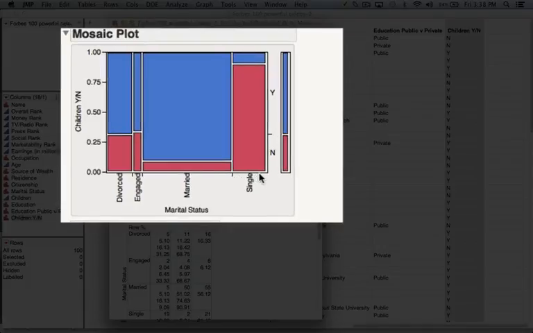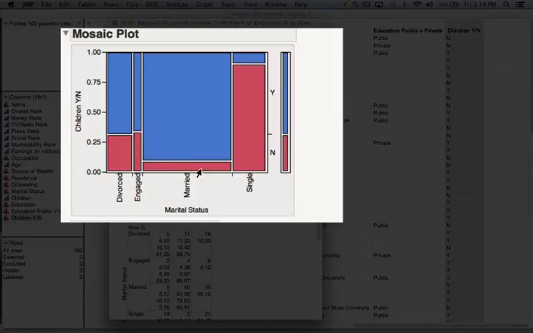These widths represent the relative frequencies of the number of celebrities that were either divorced, engaged, married, or single. So we can actually estimate these as well. Divorced and engaged look to be about the same width as single. So I'd say this is around 20% or 1/5 of the total. Engaged looks to be about 1/3 of divorced, so I'd guesstimate this around 15% and this around 5%.